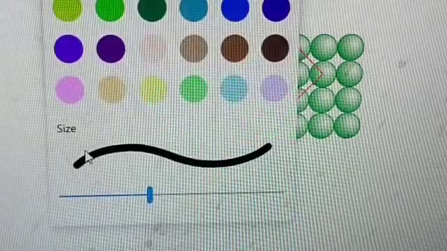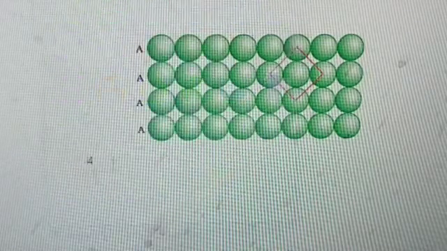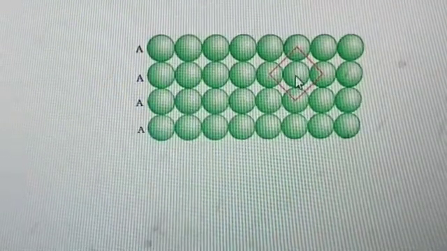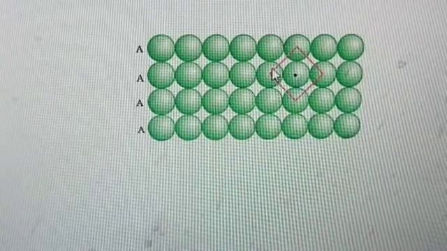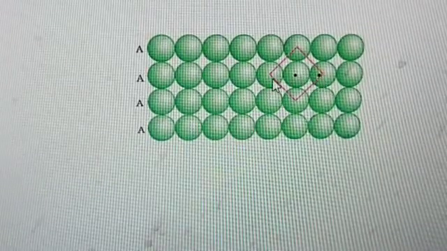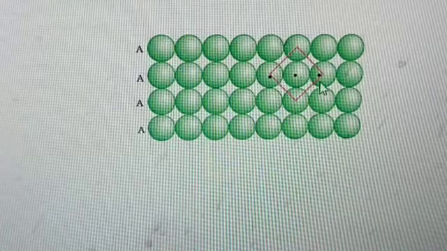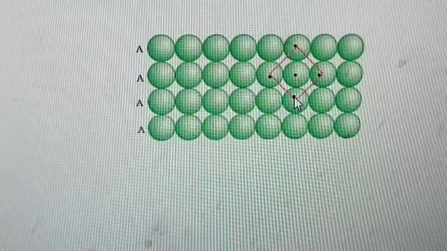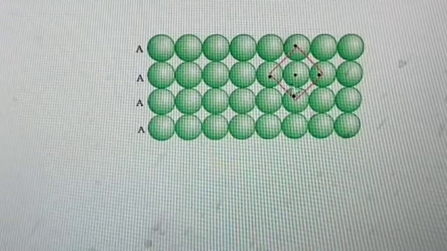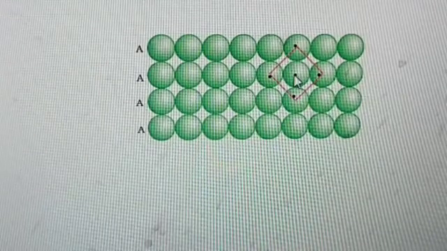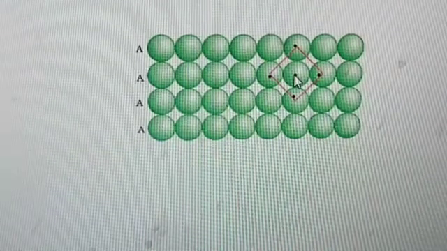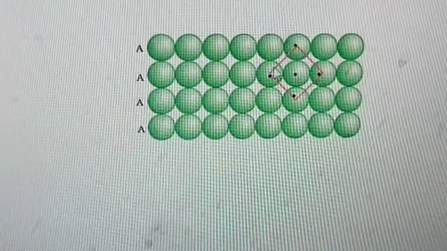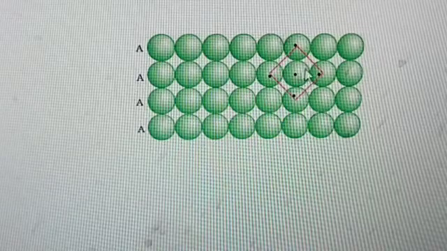How do we get 4 neighbors? See here, take this molecule. It is surrounded by 2 molecules in that particular row, 1 molecule at the top, and 1 molecule at the bottom layer. In this row, as in 1 dimension, it is surrounded by 2 adjacent molecules.